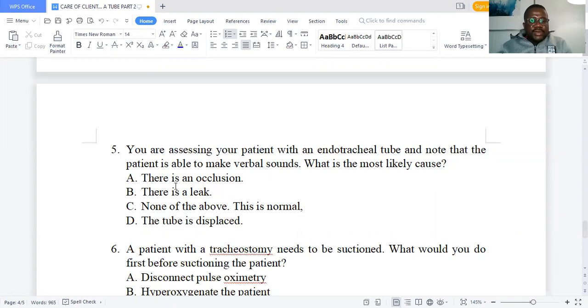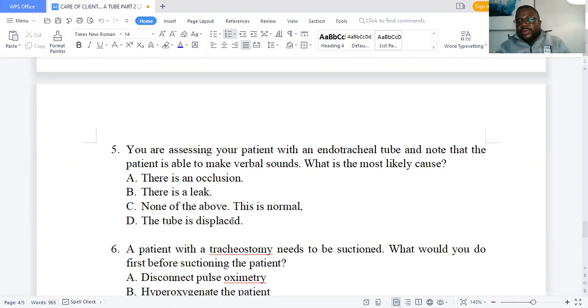Let's say there is an occlusion, then there is verbal sound. There is a leak. None of the above, this is normal? No, it's not normal. The tube is displaced. If the tube is displaced, do we have verbal sound? Displaced to where? Into the right bronchus or to where?